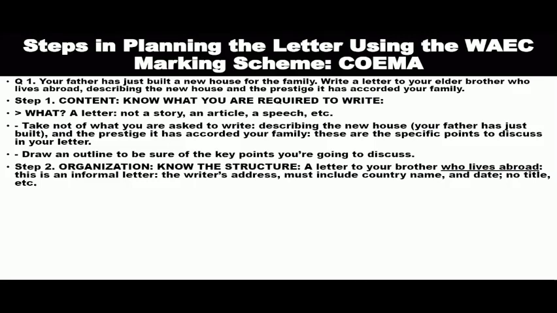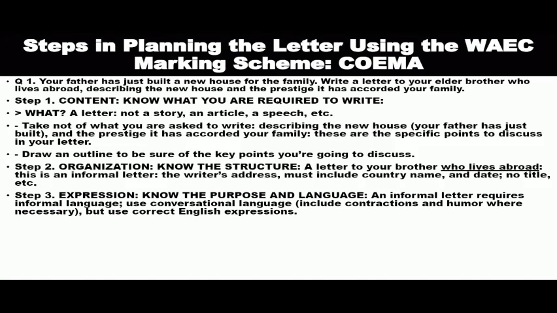Because it's an informal letter, it doesn't need any title or topic. You just write your address followed by a date, and then you move on to salutation. Dear sir, dear brother, or dear John, as the case may be.